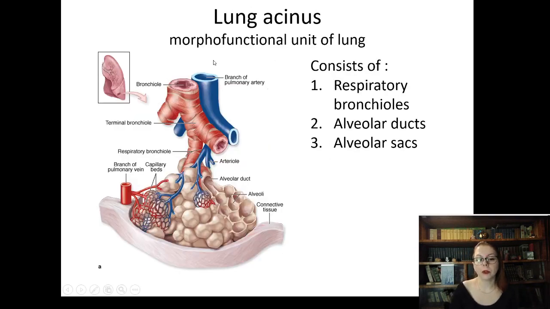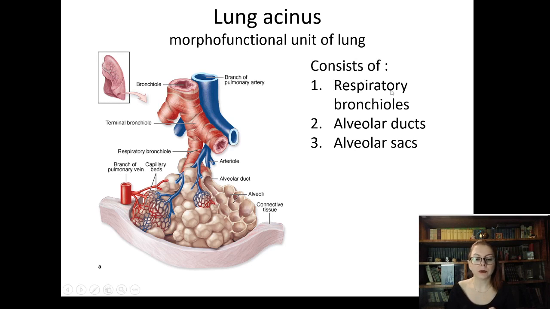But lung acinus is exactly the morphofunctional unit, because lung acinus consists of different branches of terminal bronchiola, and it includes respiratory bronchioles, alveolar ducts, and alveolar sacs. Why do we call acinus a functional unit? Because all elements of the lung acinus participate in the exchange of gases.